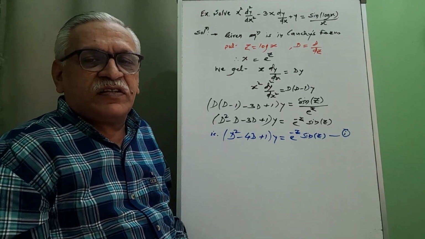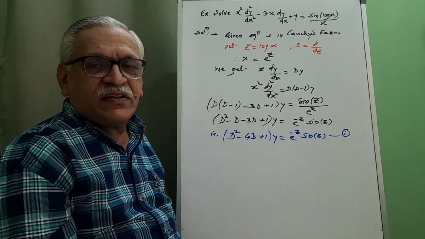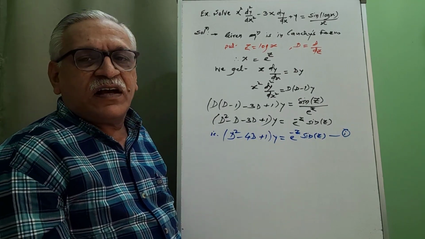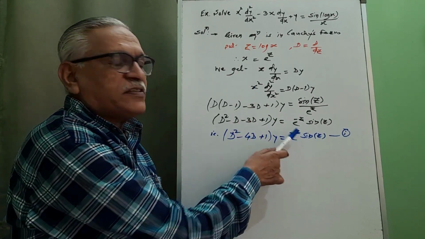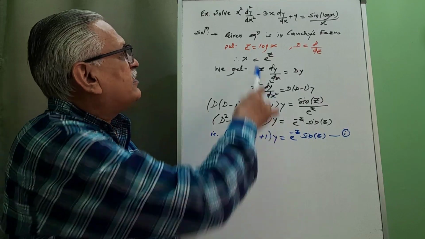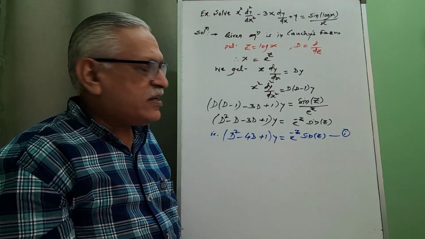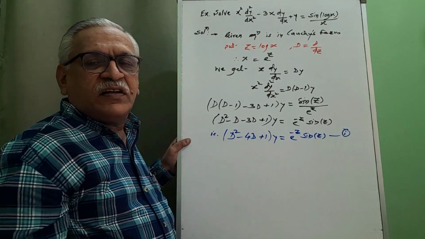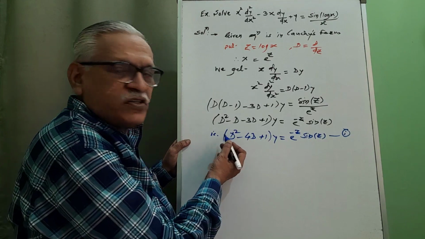This new equation is in variables z and y. y is the dependent variable, z is the independent variable. Instead of x, we have a new independent variable z. This new equation is a linear differential equation of order 2 with constant coefficient.